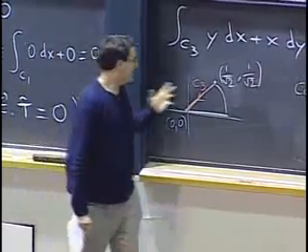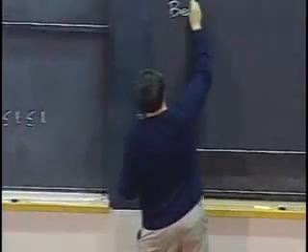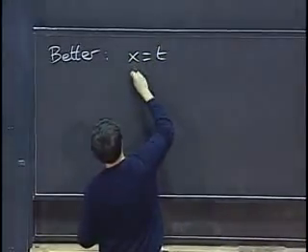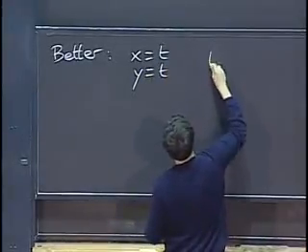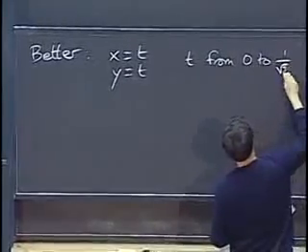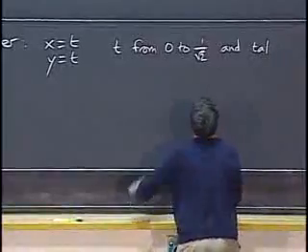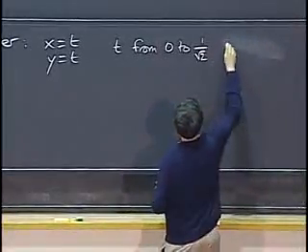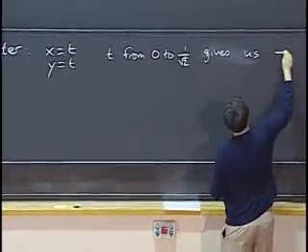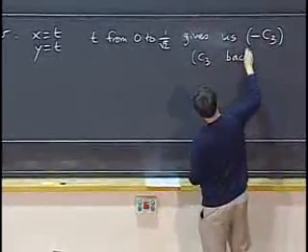Okay? So in fact, we can do slightly better by just saying, well, we'll take x equals t, y equals t, t from 0 to 1 over root 2. That gives us what I will call minus C3, which means C3 backwards.